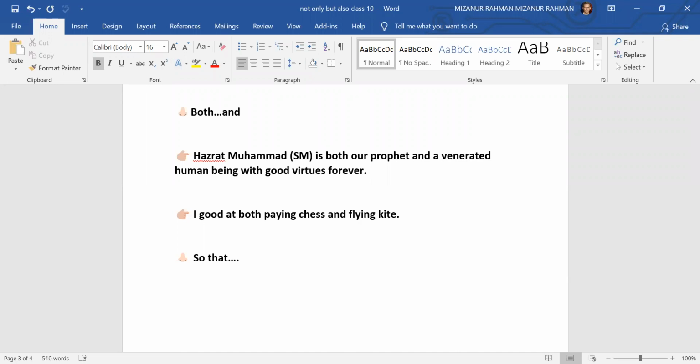And a venerated human being with good virtues forever. Now, whenever you are using respected, you can go for venerated. Like say Pele was a venerated person, right? That's a modern word. And in fact, you will find this word venerated in the modern uses of English, like the commentary in the movies and others. They're no longer using respect anymore. Yeah, they use it, but venerated is a bit advanced way.